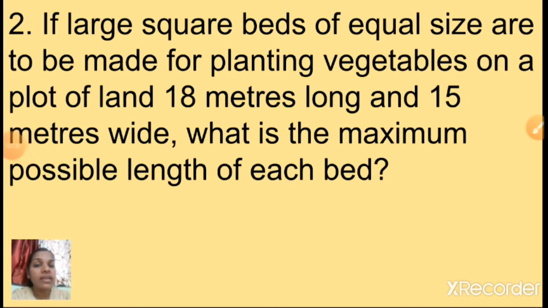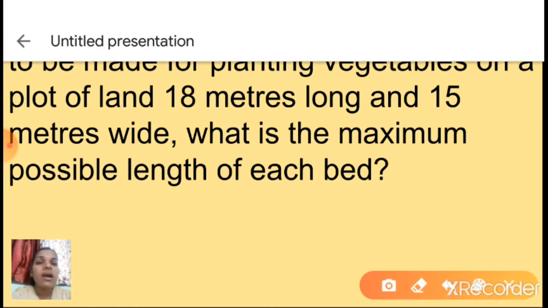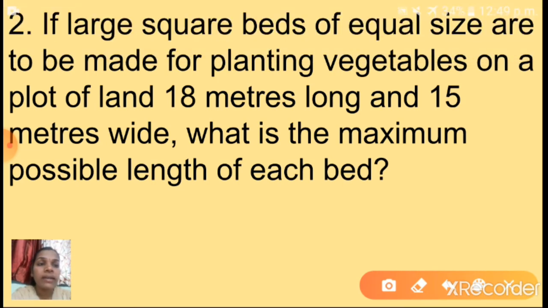Children, see here, next one is a word problem. Okay, in the same exercise, that is practice set 24, second question is a word problem. See here, if large square beds of equal size are to be made for planting vegetables on a plot of land 18 meters long and 15 meters wide, what is the maximum possible length of each bed we have to find?